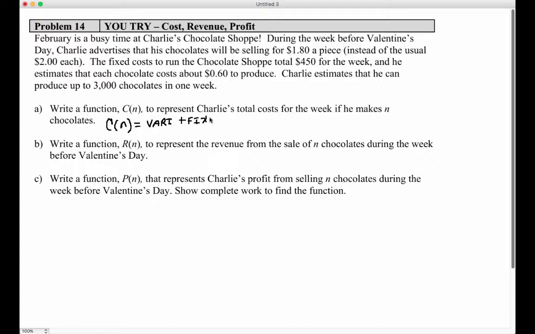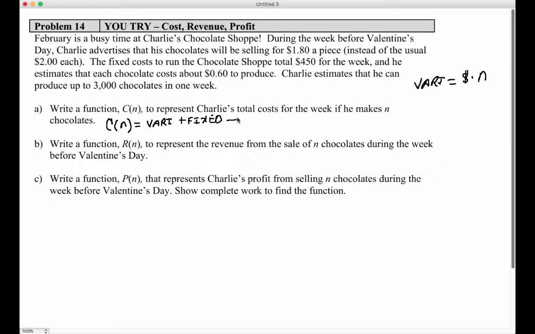So how do we determine the variable cost and the fixed cost? The variable cost is some dollar amount, the price per item, times the number of items, which in this case is given by n.